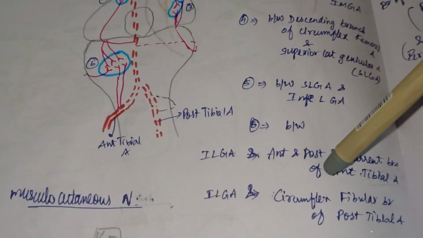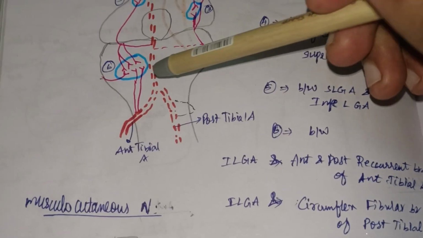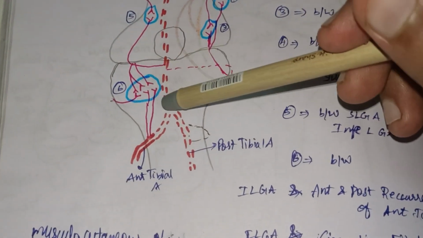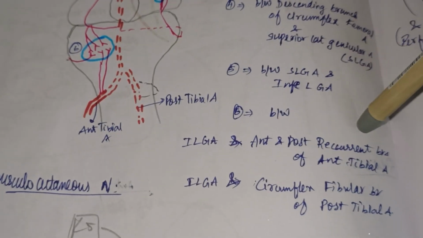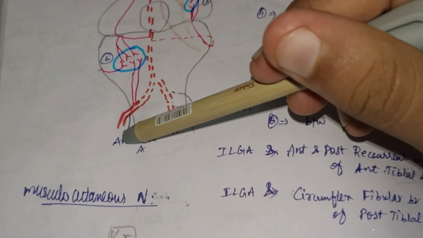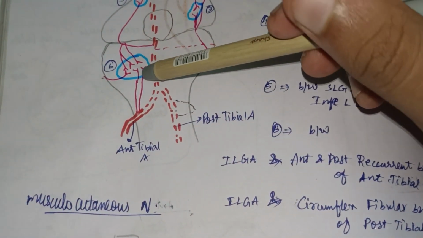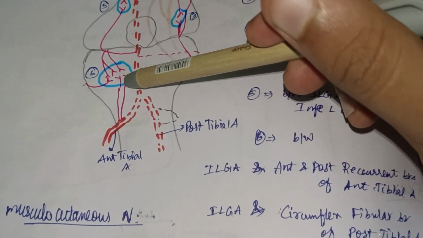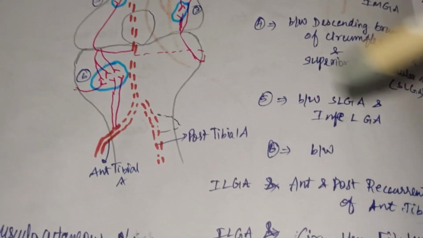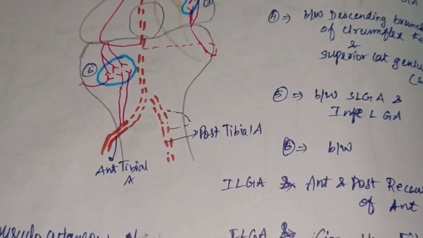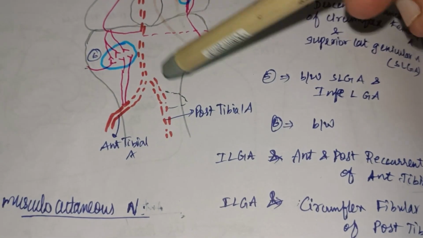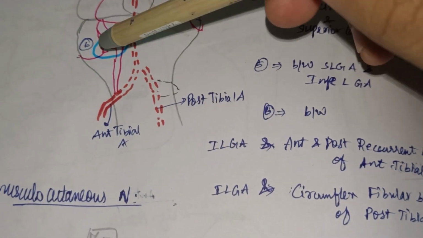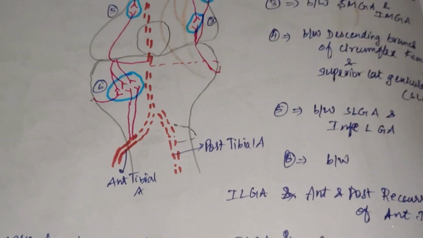The anterior tibial artery branches are the anterior and posterior recurrent branches of anterior tibial artery. The posterior tibial artery comes on the back side, and along the fibula it gives a branch called the circumflex fibular branch.